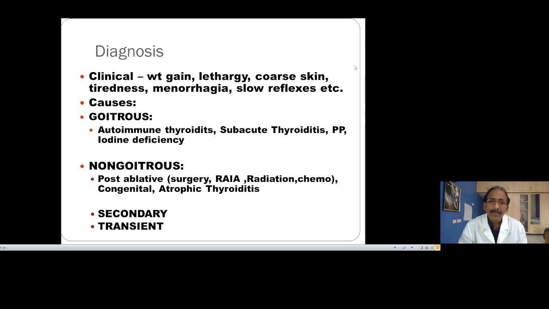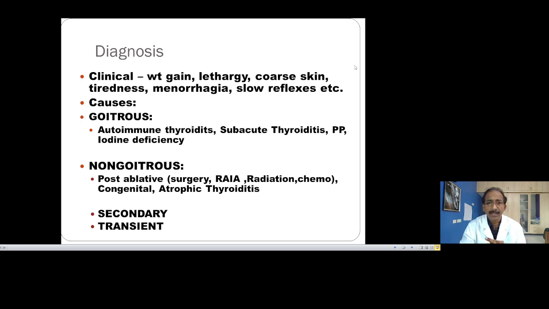So, having gone through that, you don't stop with making a diagnosis of hypothyroidism clinically. You'll have to look at the cause, the etiology of the hypothyroidism. There is goitrous, non-goitrous, or secondary. If you look at the goitrous, the common one is autoimmune thyroiditis, that's Hashimoto's. Sometimes subacute thyroiditis, which is a painful thyroiditis.